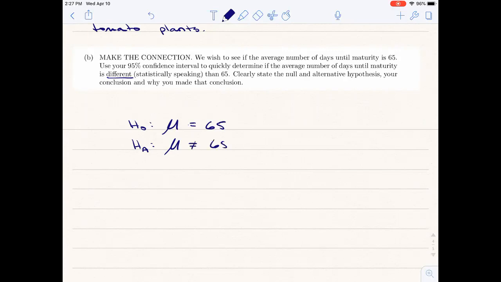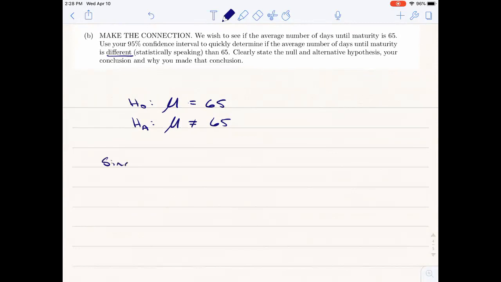So not equal to 65. When we're using a confidence interval for a hypothesis test, we're always doing a two-sided test, right? Because the confidence interval starts in the middle and then it goes out. And so there's always area in both tails, right? And so that's why for using a confidence interval, it is a two-sided test.